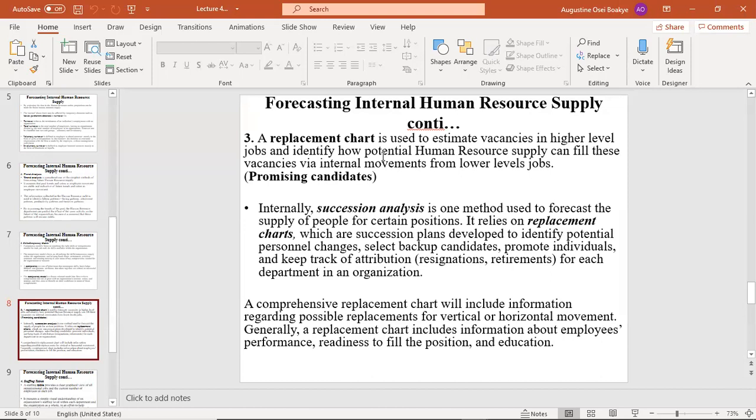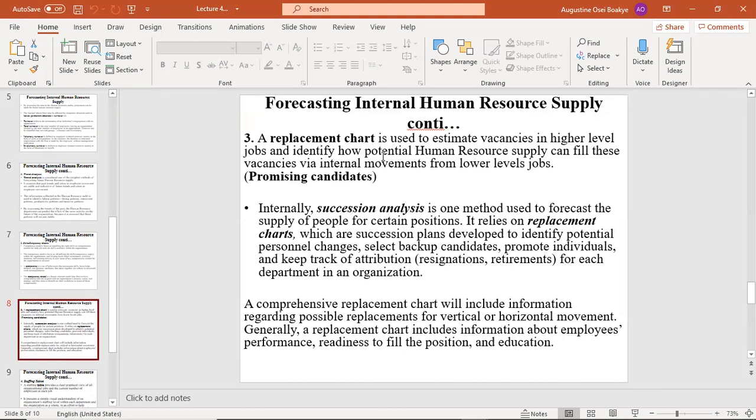Usually, we use replacement charts to target portfolios in an organization which play an instrumental role in the success of the company, so that by identifying those portfolios with substantial contribution to organizational success, it becomes necessary that you always get a backup plan for those positions.